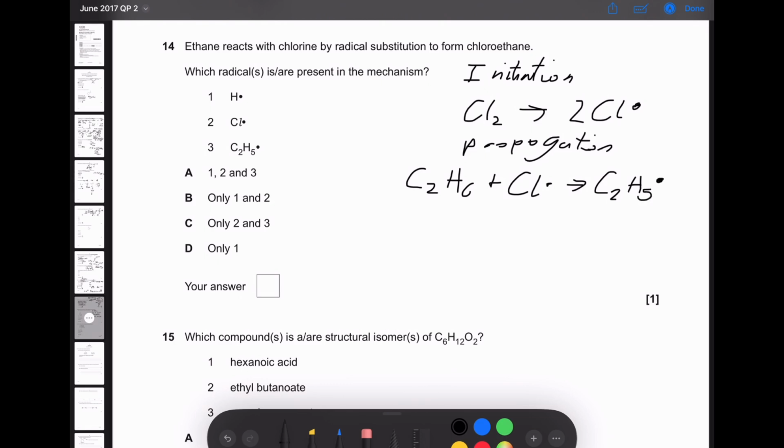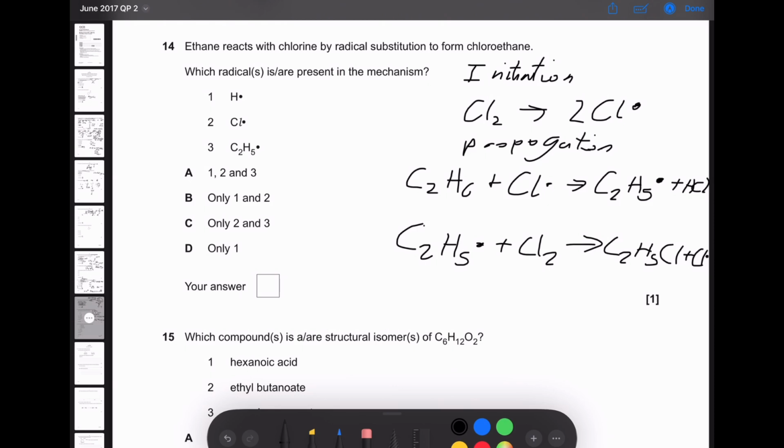C2H5 plus HCl. So that's our radical on that side, and you take your C2H5 radical and you react it with Cl2 again. That gives you C2H5Cl plus Cl radical.